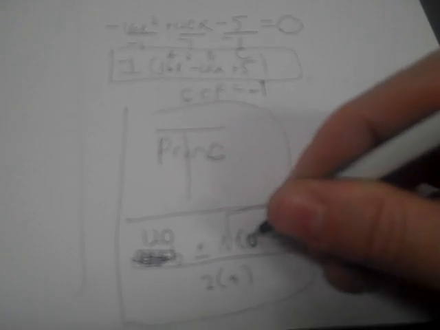B itself would be negative 120. 4A is 16 and C is 5. Then 2A is 16. Okay, you got 120 in the front. 2 times 16 is 32.